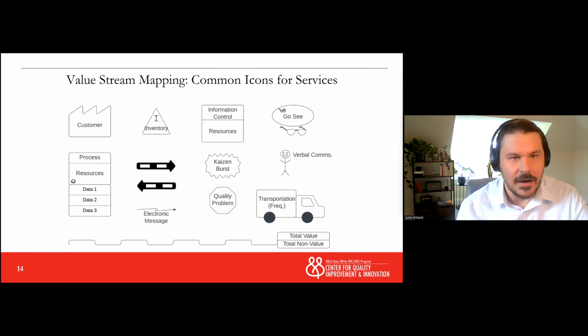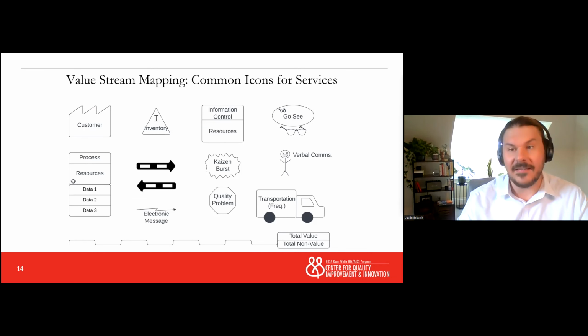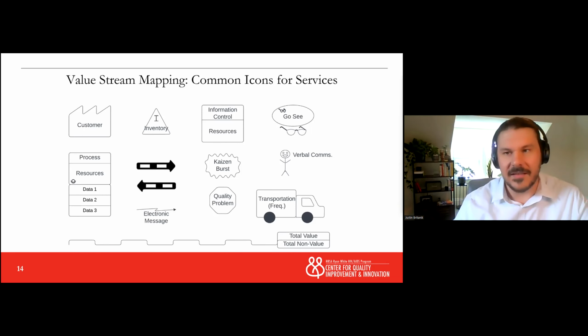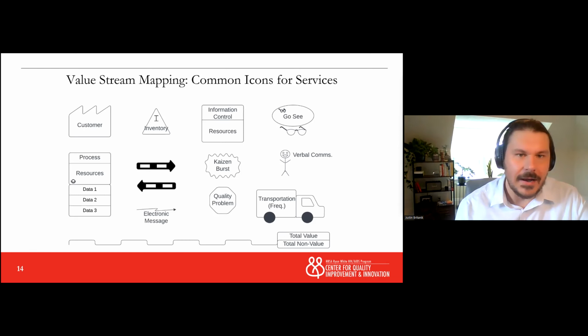These boxes, I for inventory, and that could be any inputs we need and have an inventory. It could be the number of patients we have waiting, looking at that as an inventory. The patient is the throughput in our visit example here today. This is the information control and resources. So this could be like your database, any resources that you have.